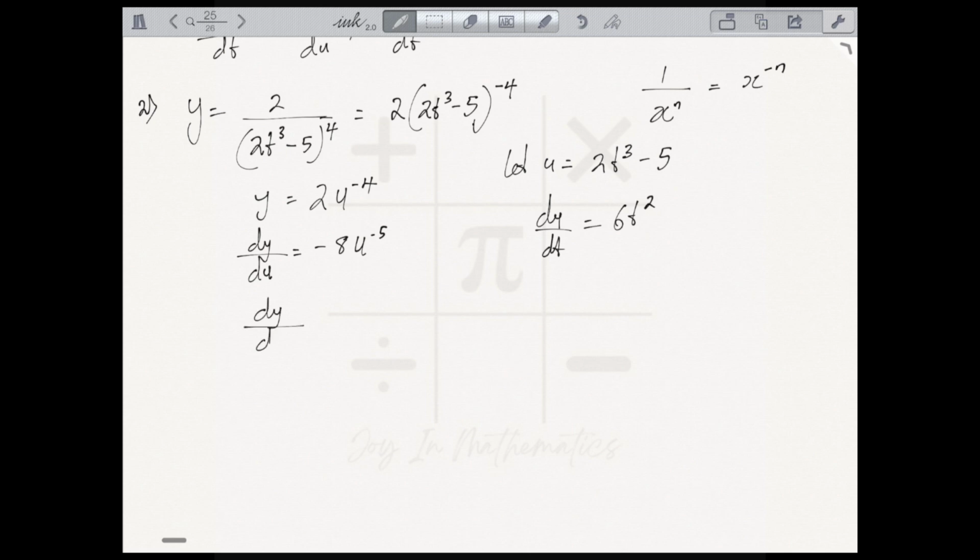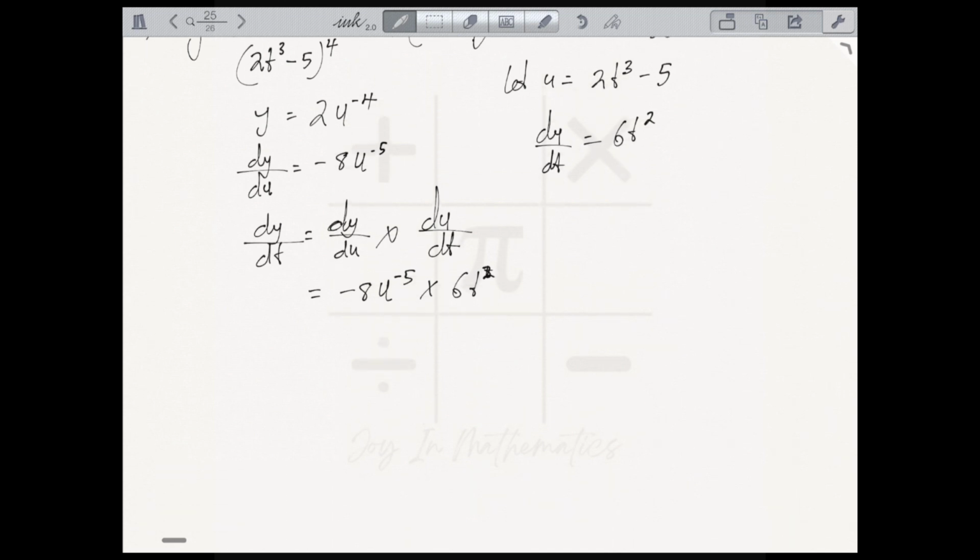Therefore our dy/dt is equal to dy/du multiplied by du/dt. That is minus 8u raised to power minus 5 multiplied by 6t squared. So having done that, we have it to give us minus 48t squared u raised to power minus 5.